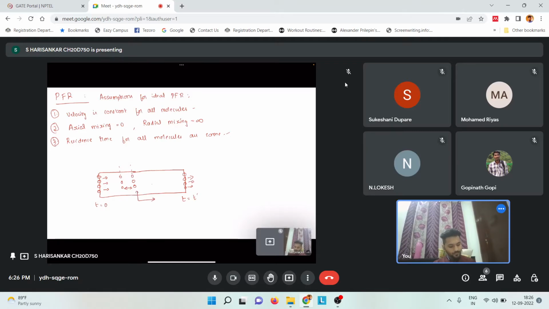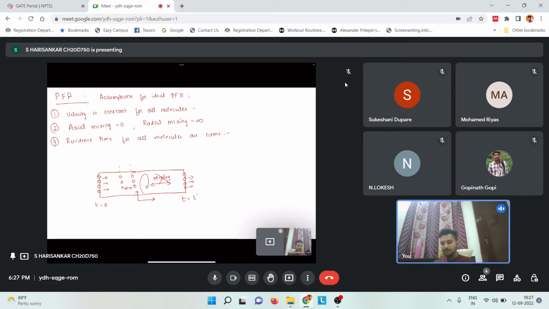The axial mixing does not occur here. Instead, radial mixing of molecules of the same layer can happen, and that is infinity. So the second assumption is that axial mixing is 0 and radial mixing is infinity.